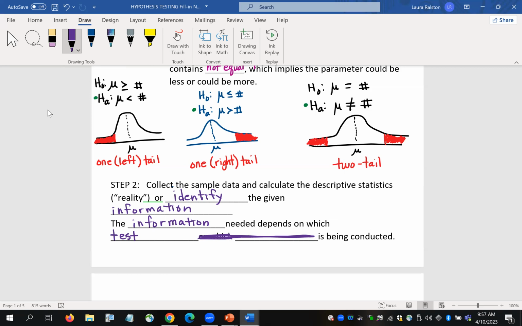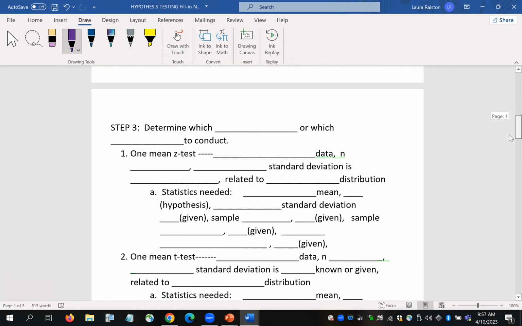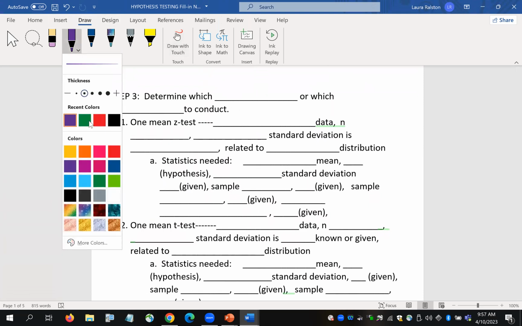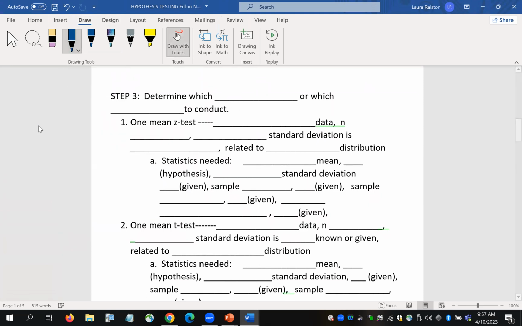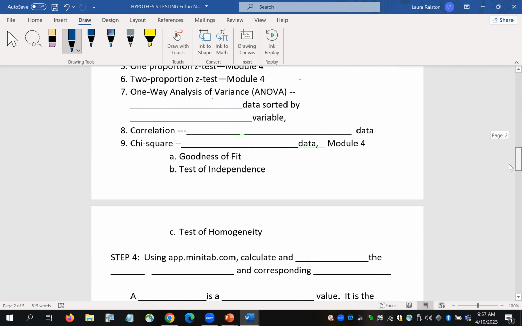Once you identify the information that you've been given, then that can help you determine which test to conduct. Again, we're going to be looking at a variety of tests. So step 3 is to determine which test to conduct. And again, I have listed here the ones that we're going to focus on, and there are at least 9 of them.